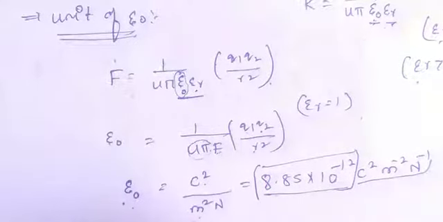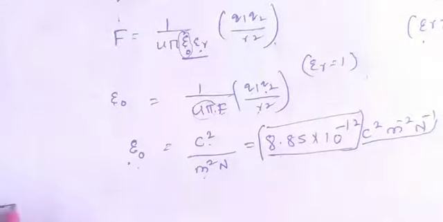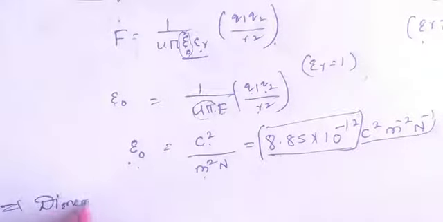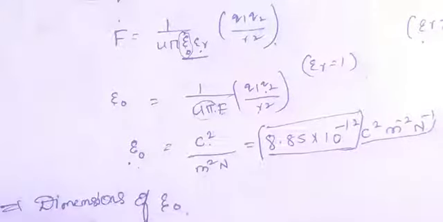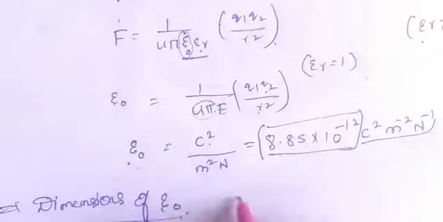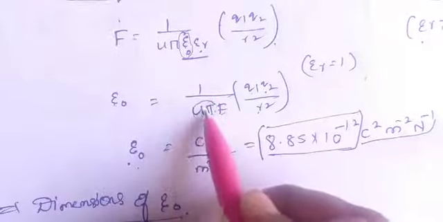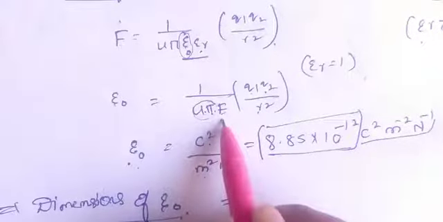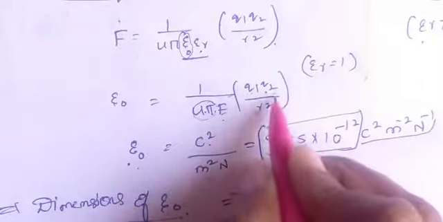Now we have to get the dimensions for this epsilon naught also. For the dimensions of epsilon naught, 1 by 4 pi is a constant, and then 1 by F, and q1 q2 by r square.